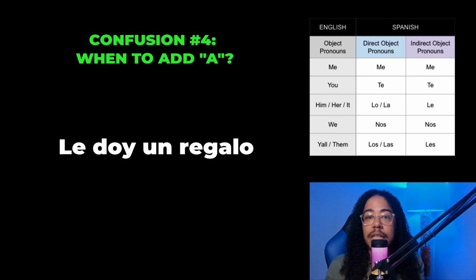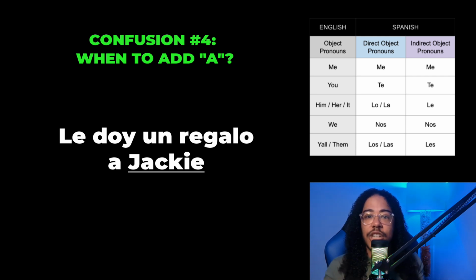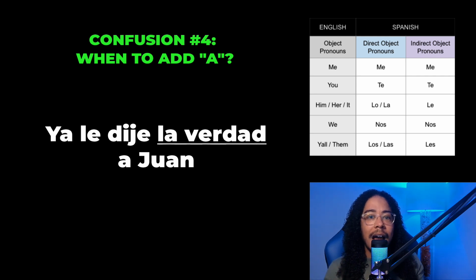So to make it more clear who we're talking about, we could just add on a plus whoever it is. Le doy un regalo a Jackie. With our ya le dije la verdad example, we could also say ya le dije la verdad a Juan. So the a, whoever, just adds more clarity about who it is that we're talking about, especially in cases where it's unclear because the pronoun could apply to multiple different people.